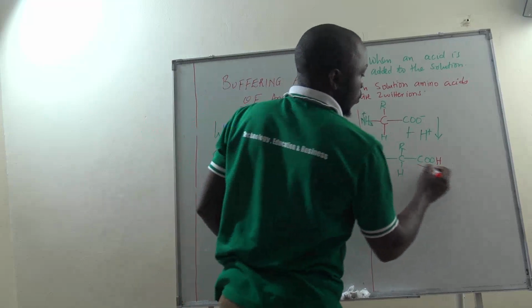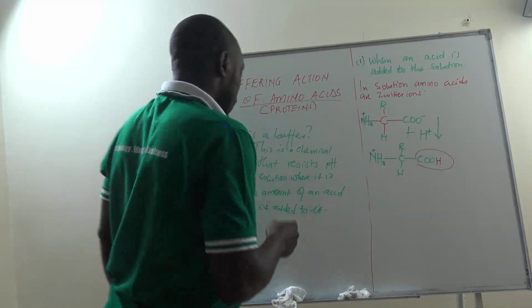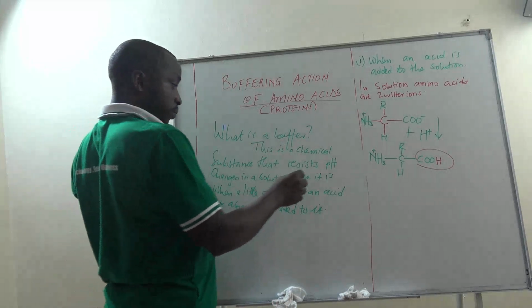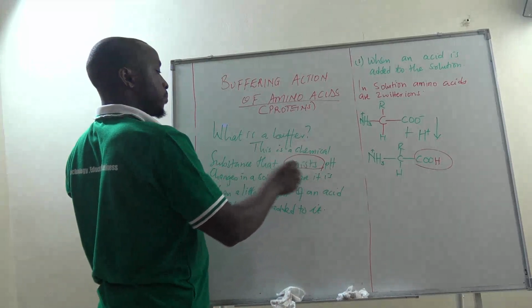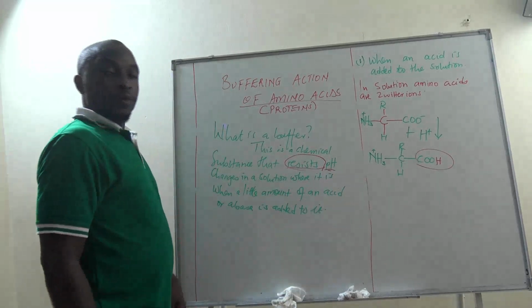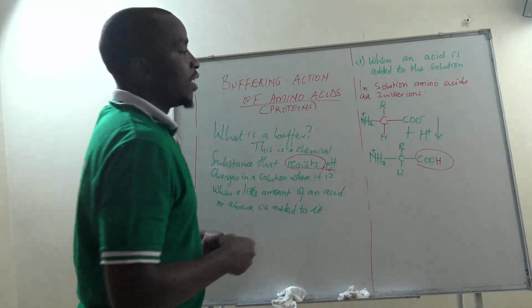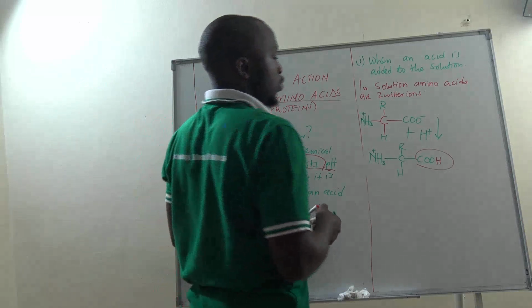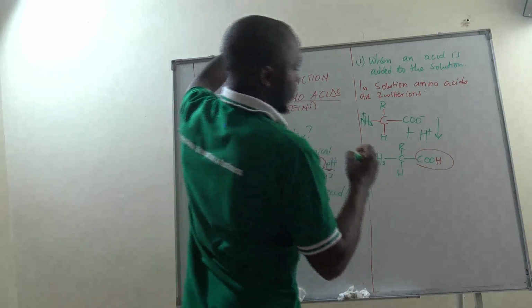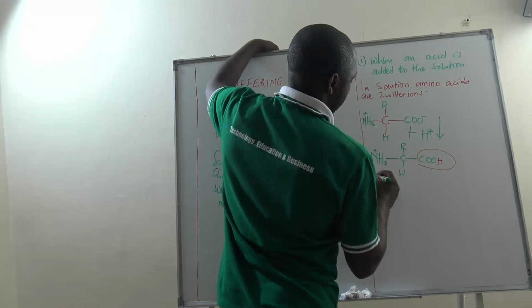By doing so, it will have resisted change in what? pH. But this is when little amounts of the acid are added; if you add too much, of course too much of anything is always bad.